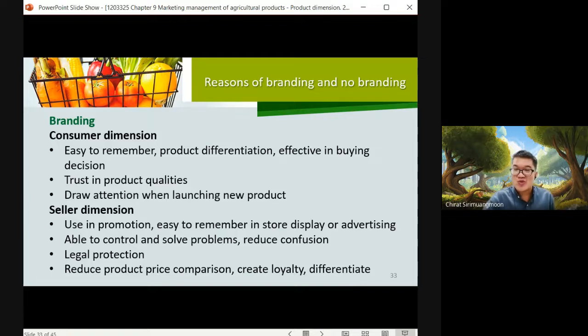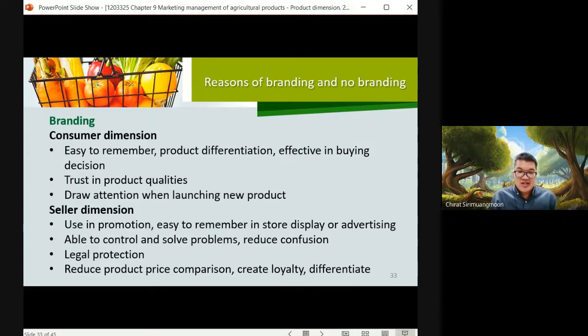And it's easy to remember in the store. When you see the brand with the blue label and the white letter here, you know exactly what it is. So it can help remind the consumers. And also when you display, it's easy to notice. And it can also be used for advertising too.